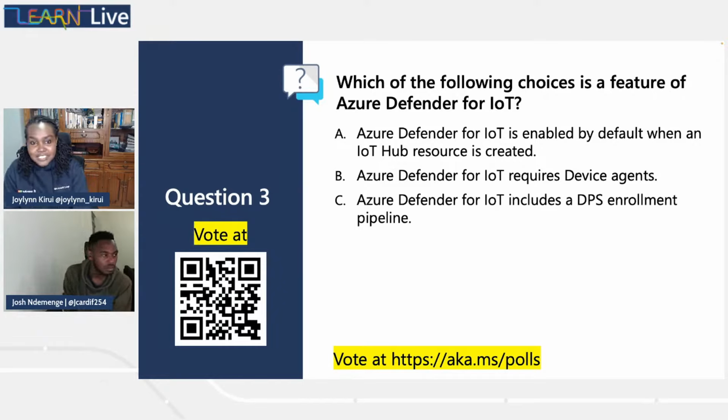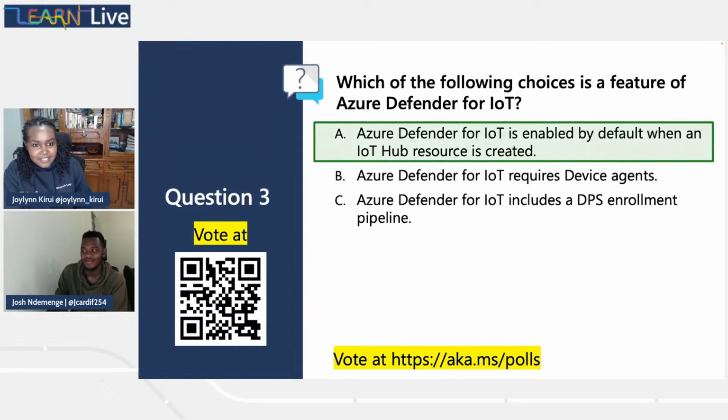So Josh, you've just taken us through it, and I believe the answer should be, drum roll, A, isn't it? Yes. By default, when you create an IoT hub resource, Azure Defender for IoT is enabled for you. There is no extra step for you to configure to have Defender for IoT integrated into your IoT solution.